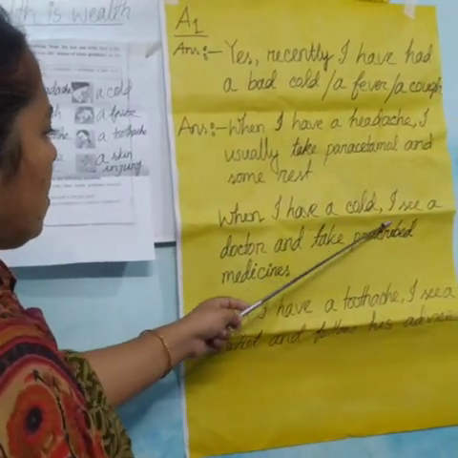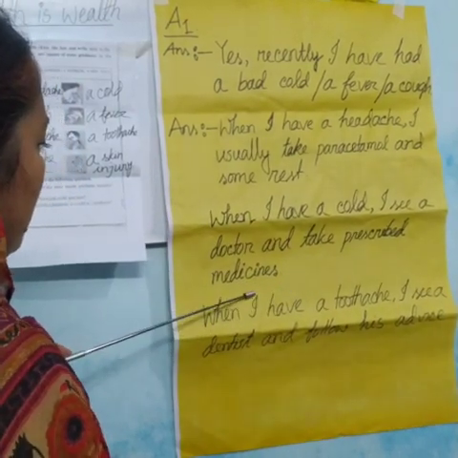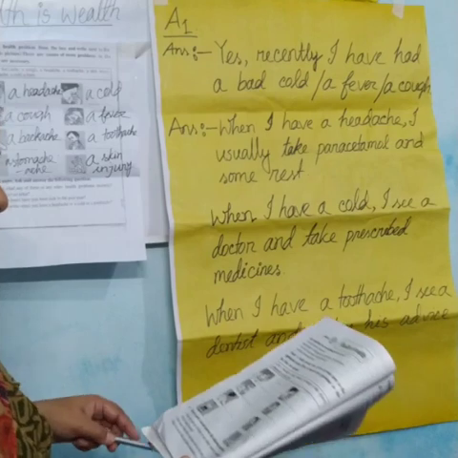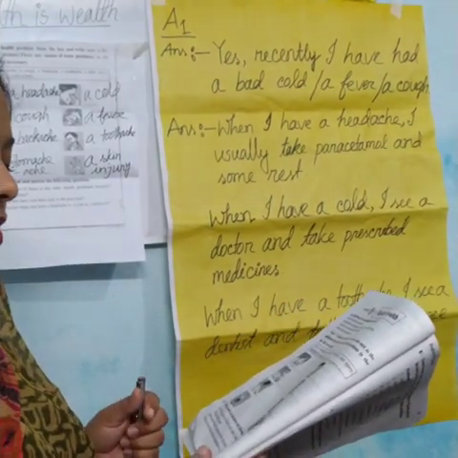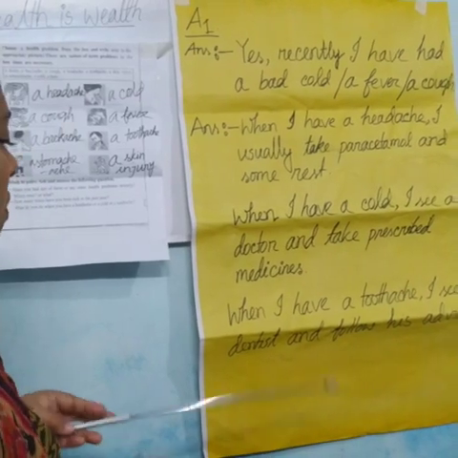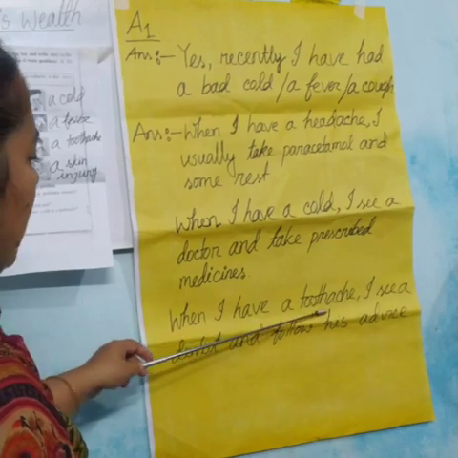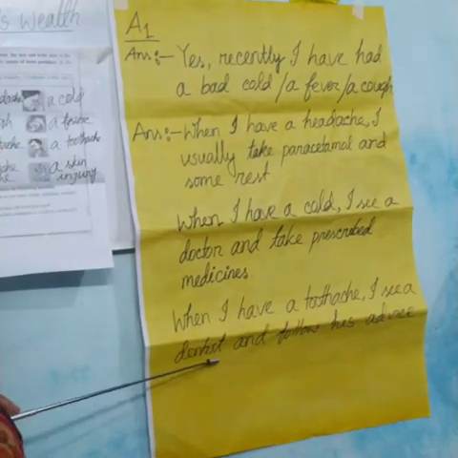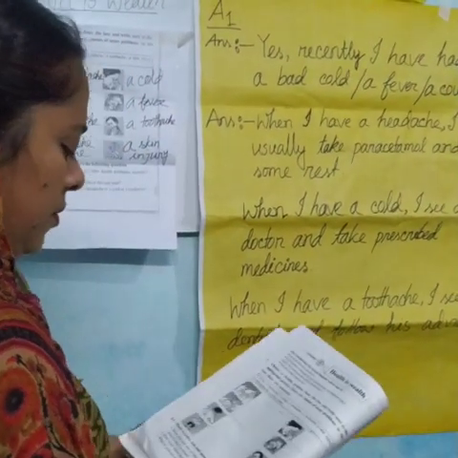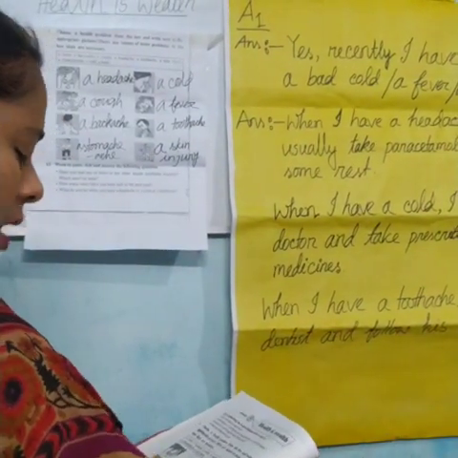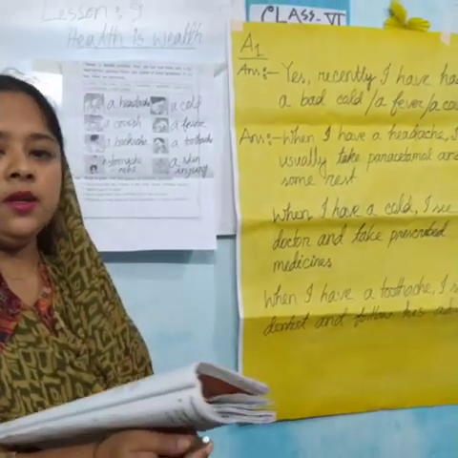When I have a cold, I see a doctor and take prescribed medicine. What do you do when you have a toothache? When I have a toothache, I see a dentist and follow his advice. These are the answers of activity A1.